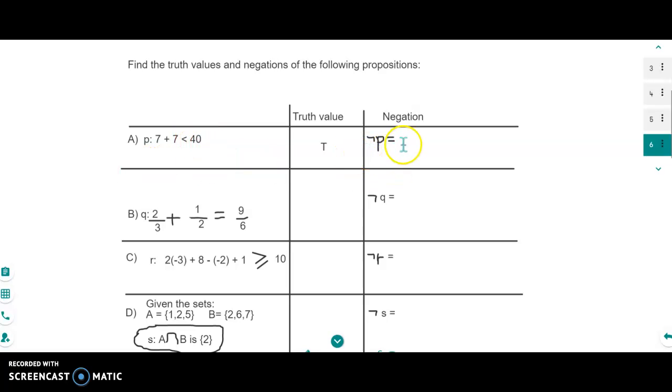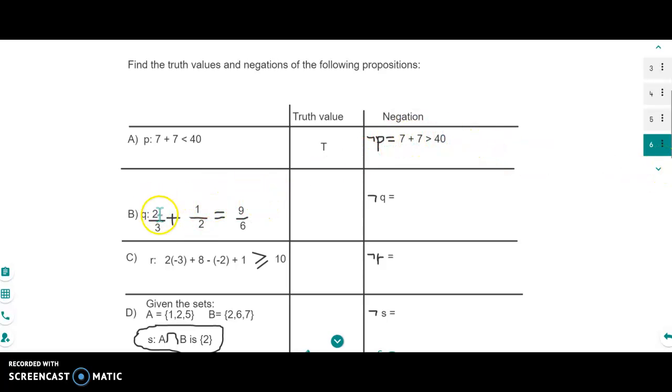So how can we write it? Always the denial of P, the negation of P, with this symbol. So we can write 7 plus 7 is greater than 40. That would be the opposite.